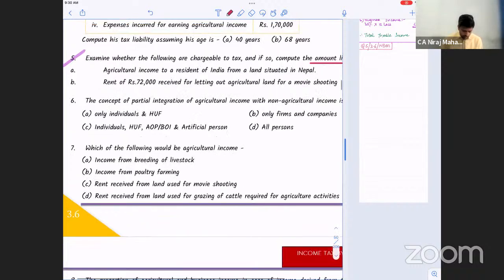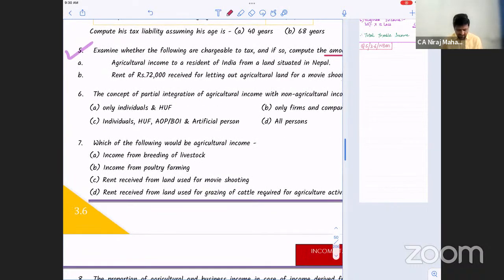Agricultural income to a resident of India from land situated in Nepal. Is it taxable or not? It is taxable because it is not agricultural income, as it does not satisfy the condition of agricultural income: the land is not in India.